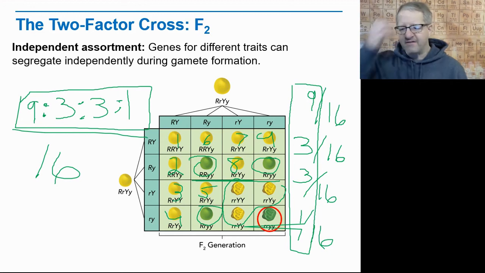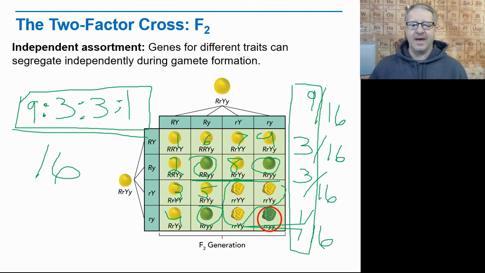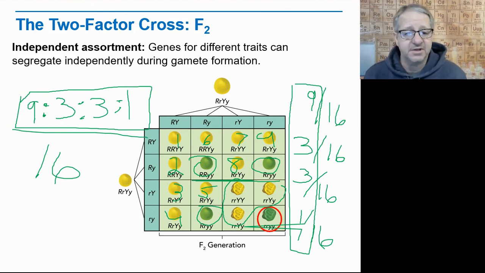All right, now what evidence did Mendel have that the alleles segregated independently in the cross that we have here? Well, he actually found all of these combinations of phenotypes in his results. So that's how he was able to know that the alleles actually segregate independently.